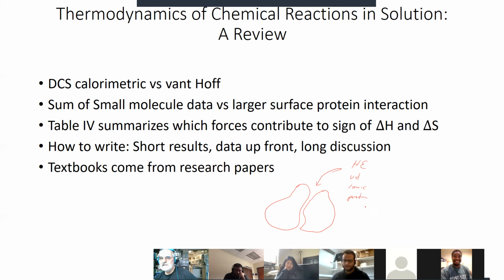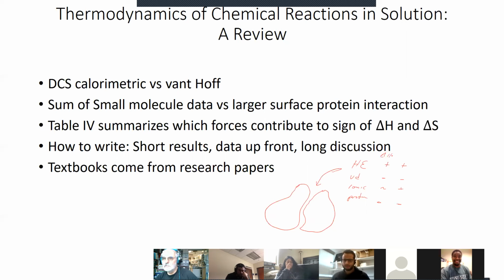Okay, to be combinations of all of these effects, sometimes giving rise to plus-plus interactions, that's approximately zero plus, and sometimes giving rise to negative enthalpy, negative entropy interactions.